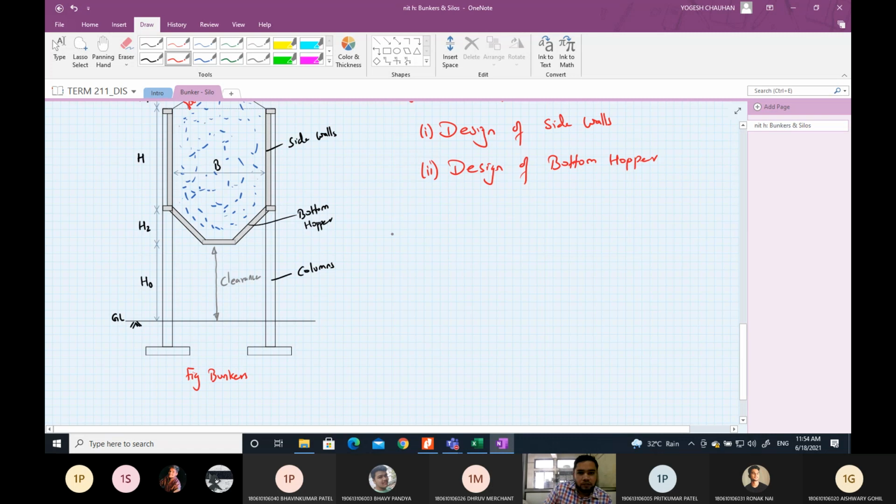So based on Rankine theory, you can find the intensity of the pressure.